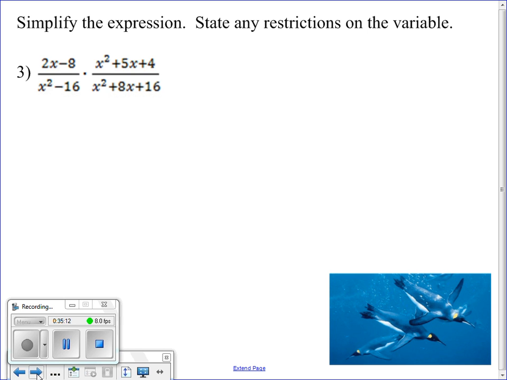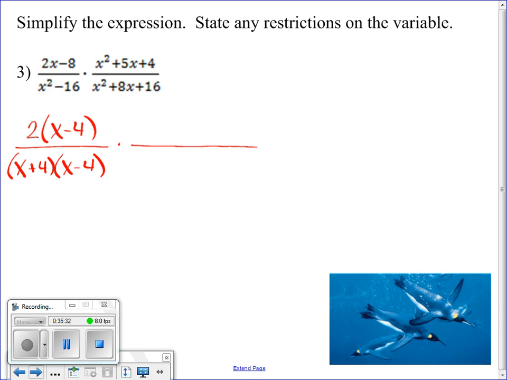All right, number 3. Step 1 says to factor. How do you factor the top part? Take out a 2. Good. So we have x minus 4. How do you factor the bottom? Okay, how about top of the other side?